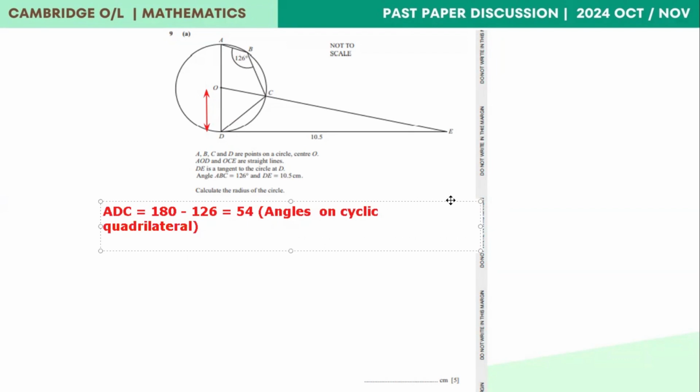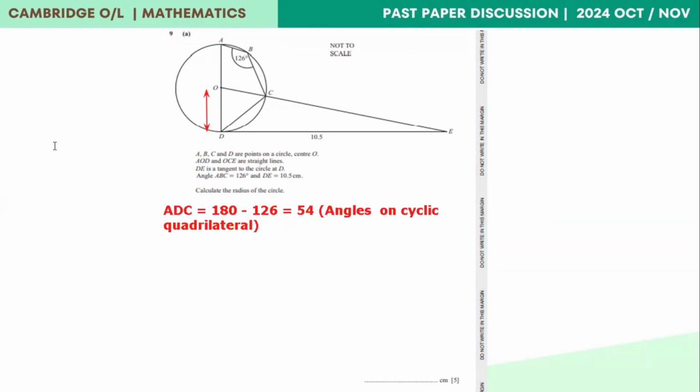So now we know this angle is going to be 54. Now, this is a radius and this is also a radius. If this angle is 54, we know that this angle is also 54, because it's an isosceles triangle.